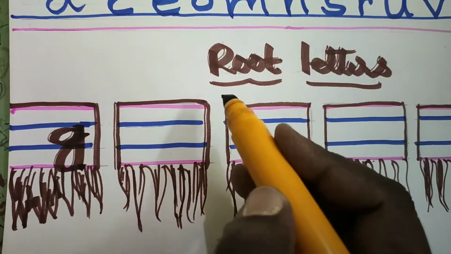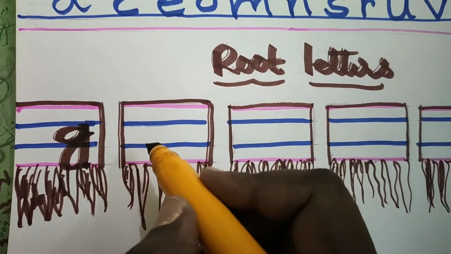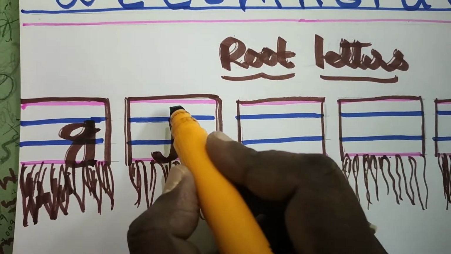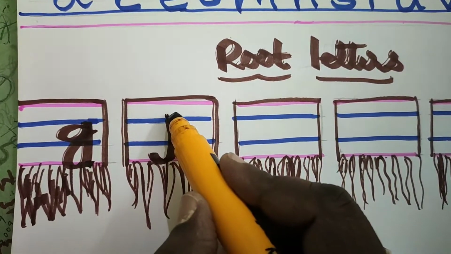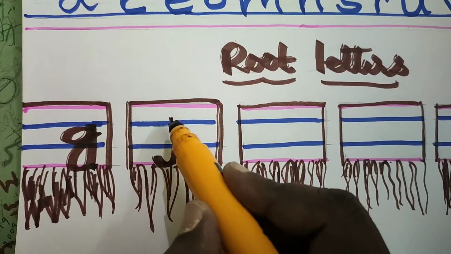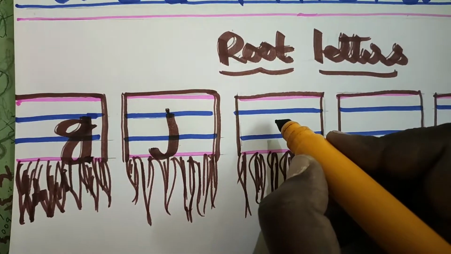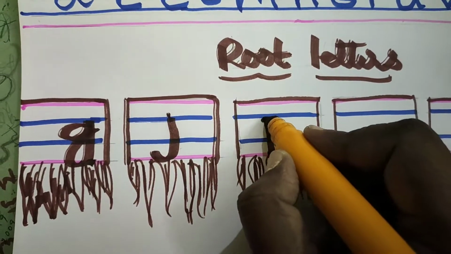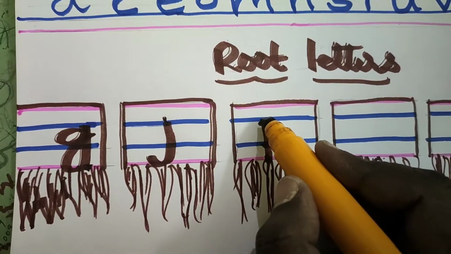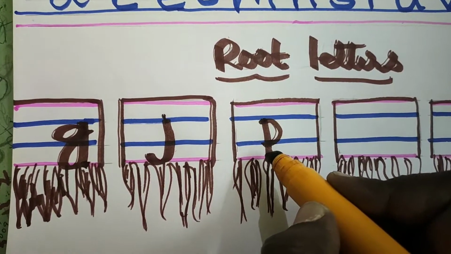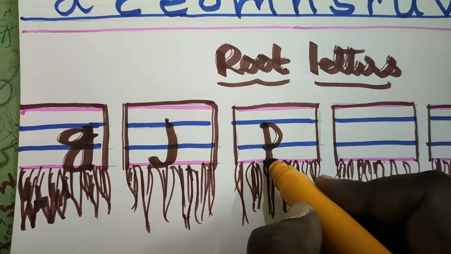So this is a root letter. Let's see another root letter, J. If you observe, the letter comes down below the pink line. P. P also came down below the pink line, from the blue line.